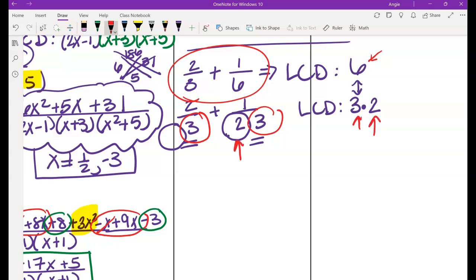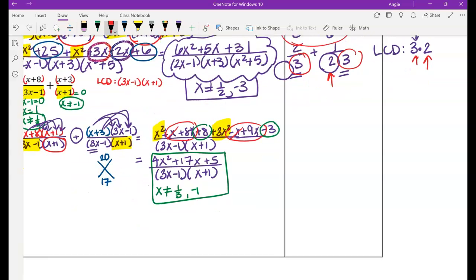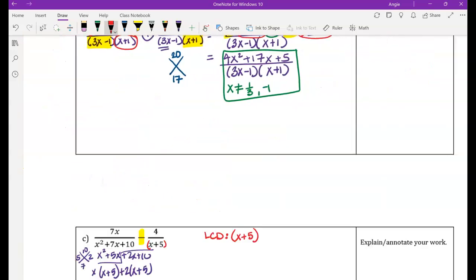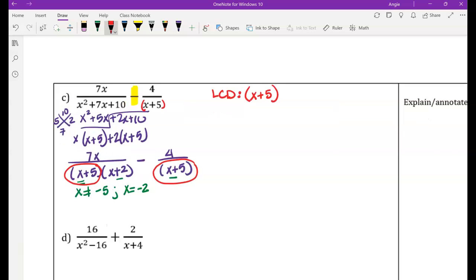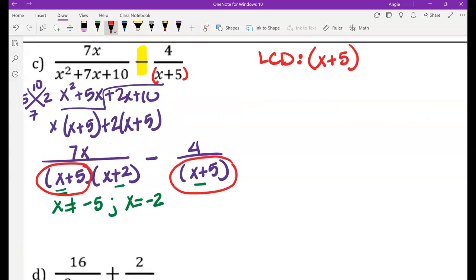We don't take two of them if they are repeating from each side. So now let's go back to where I was. We have x plus 5 on each side, so we take one x plus 5 as part of our LCD. Then we have your x plus 2. There's no x plus 2 here, so that will also be part of our LCD. So now we have an LCD of the quantity x plus 5 times x plus 2.